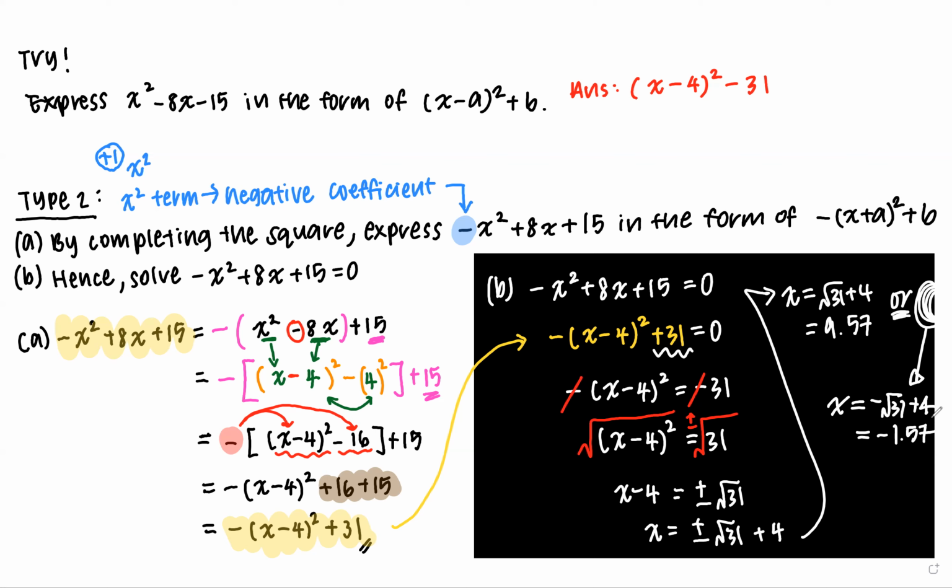So at the end of the day, your answer, you have two answers. Your answer is x is equal to 9.57, or I'm going to space again on the right. It's actually written on the right-hand side. Minus 1.57. The end.